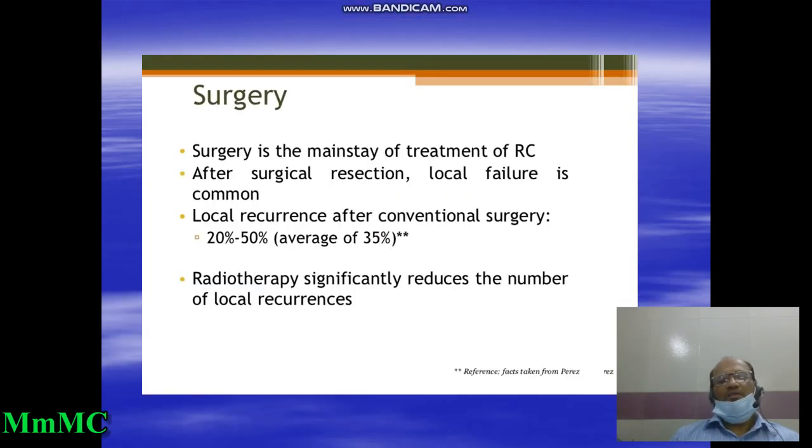Surgery is the mainstay of treatment of rectal cancer. After surgical resection, local failure is common. Local recurrence after conventional surgery is about 20 to 50%. Radiotherapy significantly reduces the number of local recurrences. So adjuvant treatment is very much needed in case of carcinoma rectum.